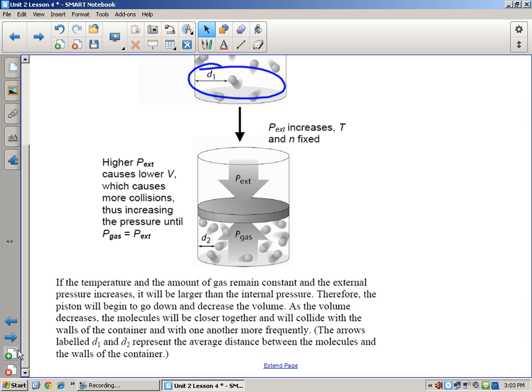So the pressure on the outside equals the pressure on the inside. It does that through a decrease in volume, of course. That is Boyle's law. Volume goes down, the pressure goes up. Why does that happen? Well, the pressure on the outside is more than the pressure on the inside until those two equalize out. And that's Boyle's law.